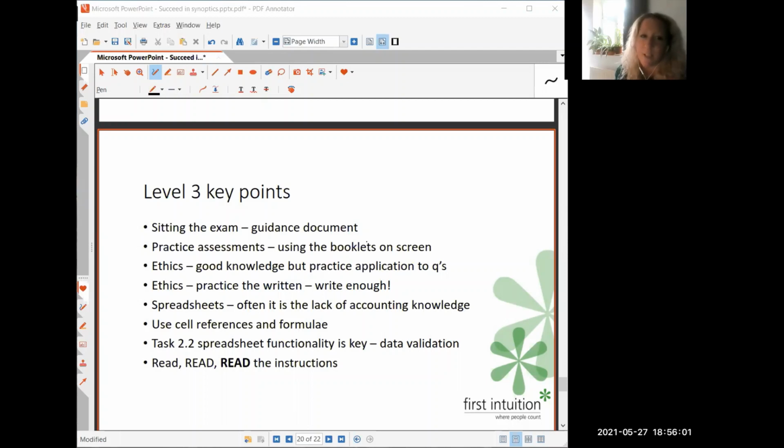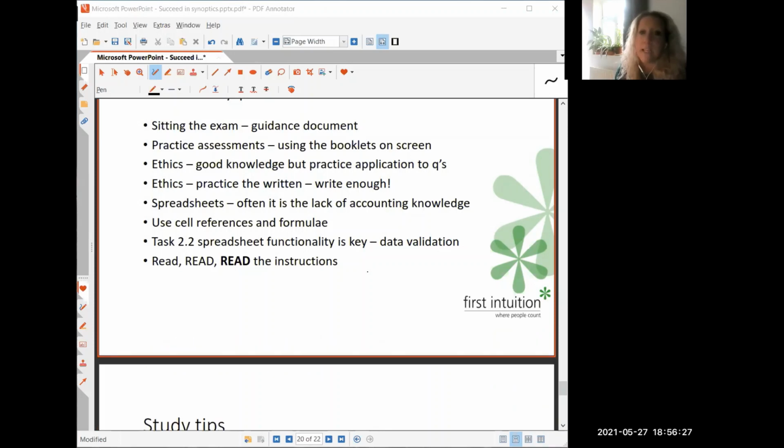That's not going to get you the marks. You must use data validation and things like conditional formatting. And as I note there, read the instructions, follow what you're being told to do. Don't shortcut anything, because if you shortcut it, you are going to lose marks, and that could be the difference between passing and failing.